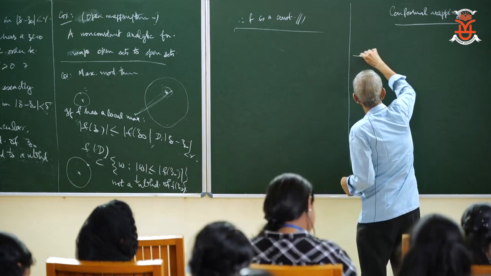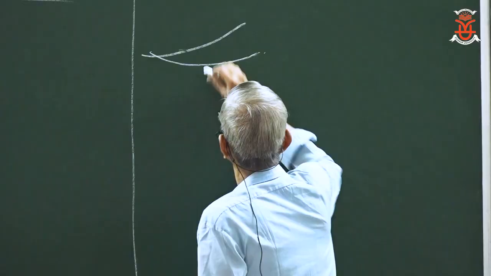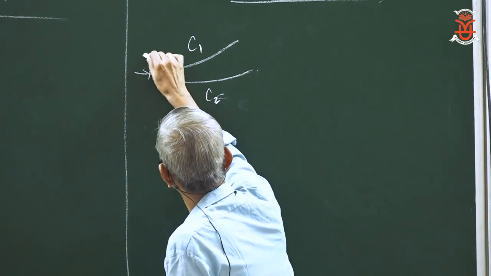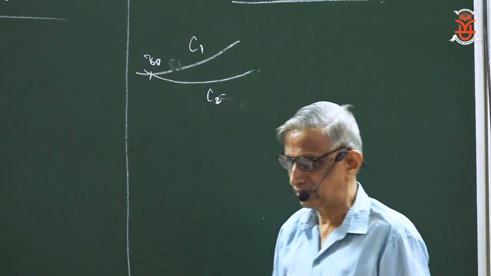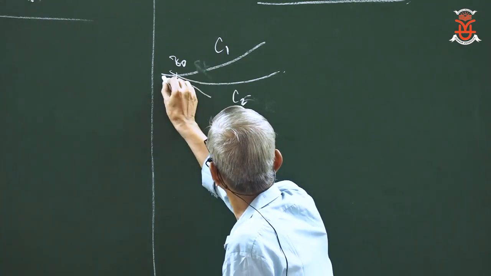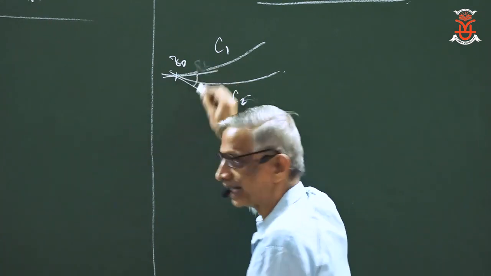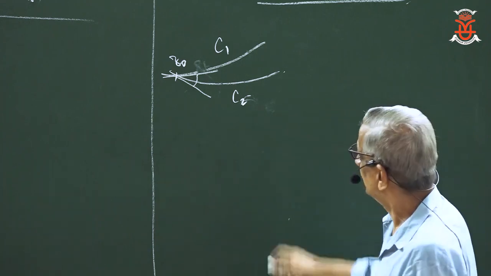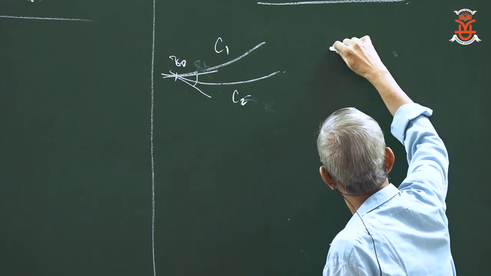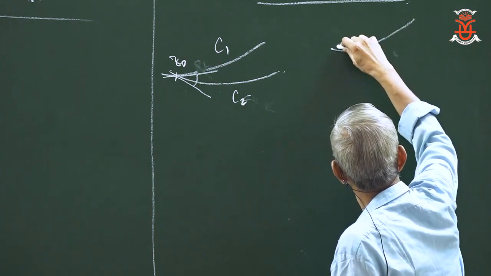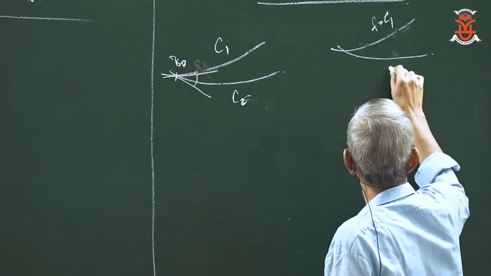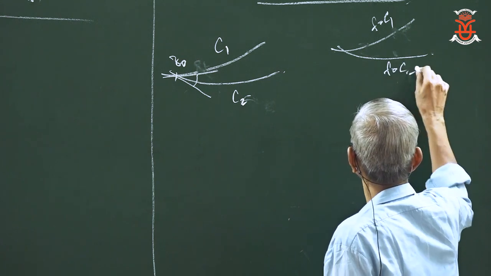So you have two curves C1 and C2 at z0. So the angle between the curves is this angle. You have a function f. So f composed with C1, f composed with C2, let us say.